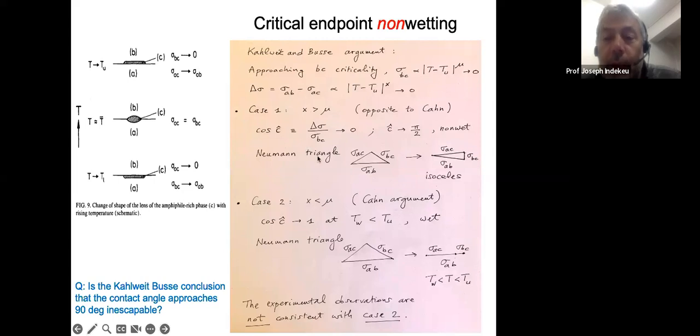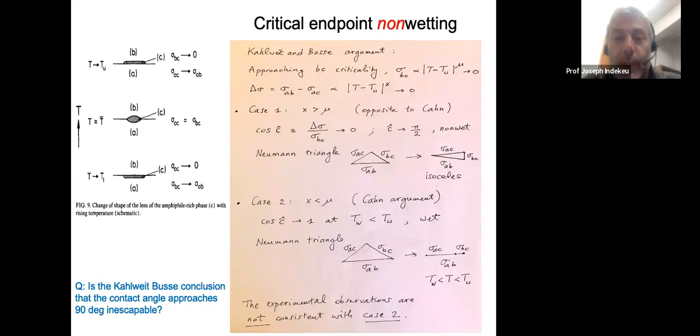At the level of the Neumann triangle, this scenario would correspond to the Neumann triangle becoming isosceles before it collapses, or at the same time that it collapses, so to speak. And that would result in a 90-degree contact angle as we approach the critical endpoint, so no wetting at all.